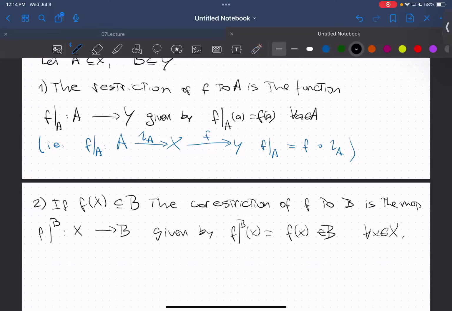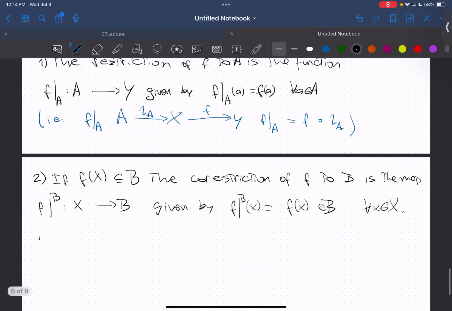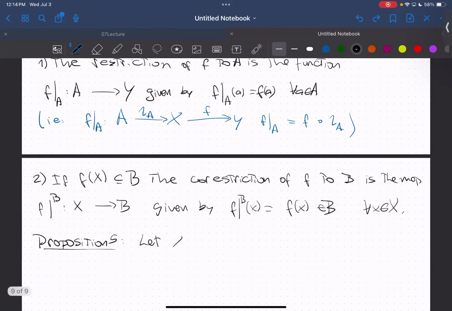Okay, so why I'm saying these things, because now we have a proposition. Five. So here, let's take a continuous map. So that means we have some topologies involved.